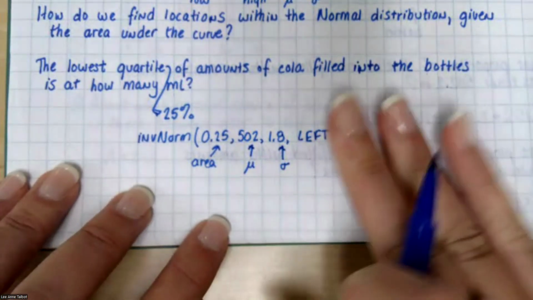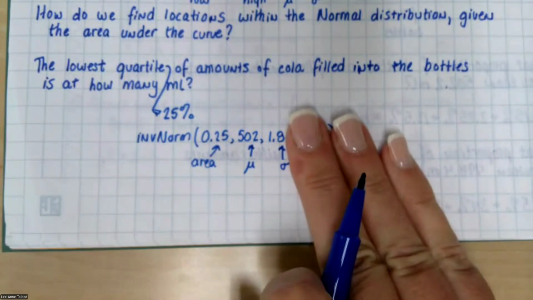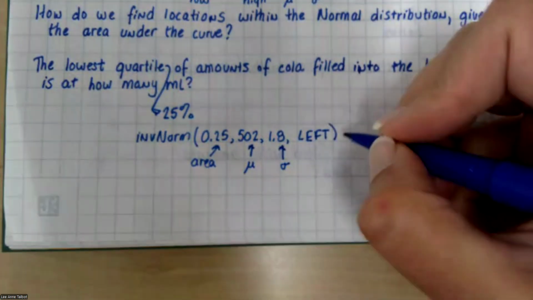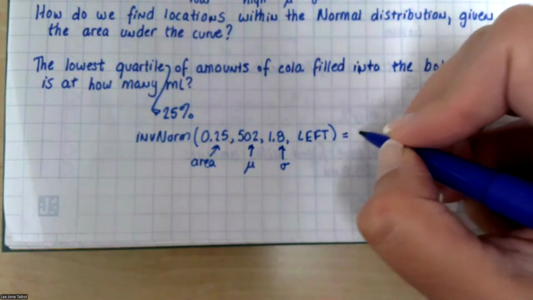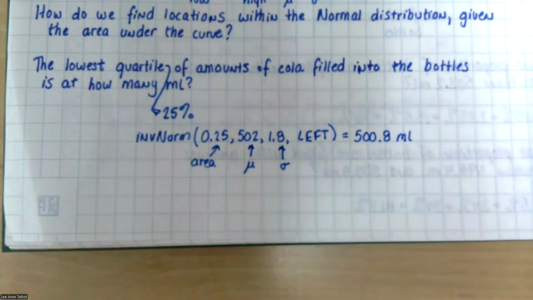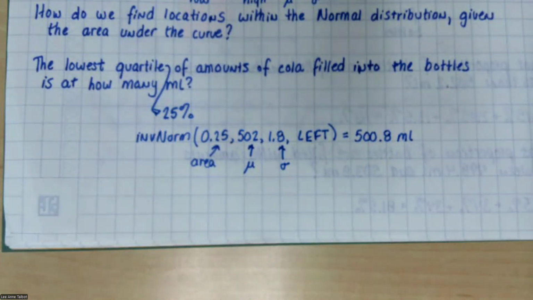And if you have an older calculator, you're just going to end your parenthesis right after the 1.8 and ignore the direction. And then don't forget your units.